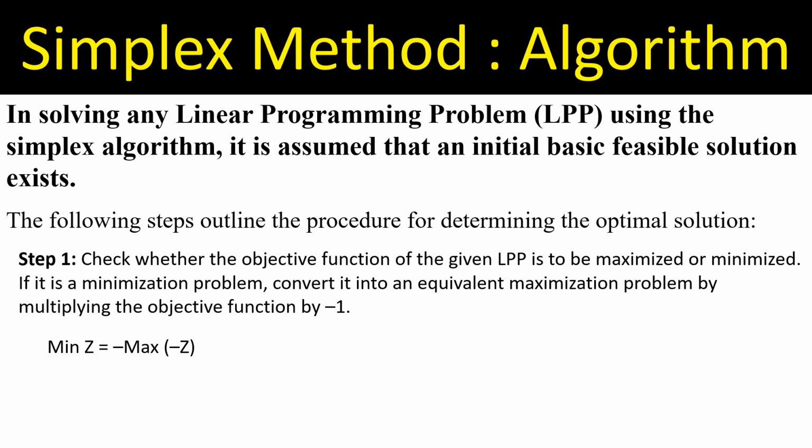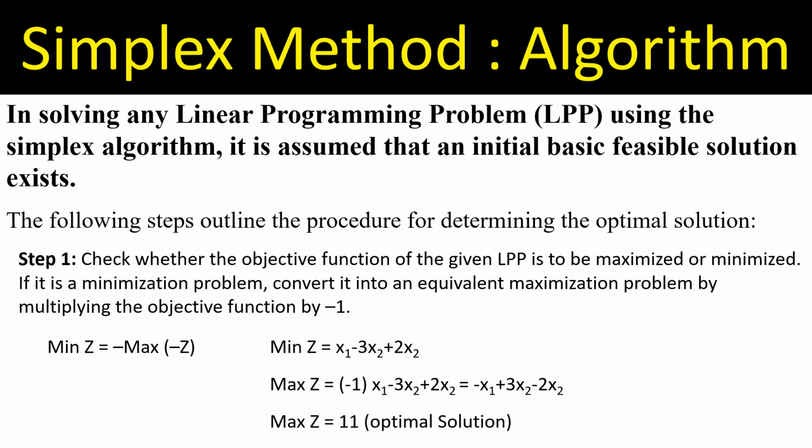Let's see the example. Here, the objective function is minimize z equal to x1 minus 3x2 plus 2x2. Then we have to convert this minimization problem into a maximization problem by multiplying with -1.